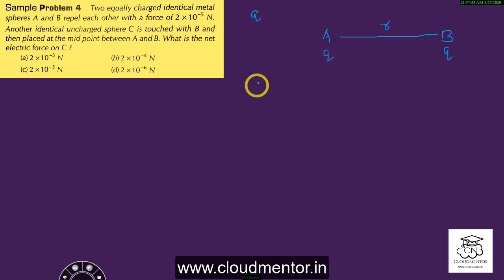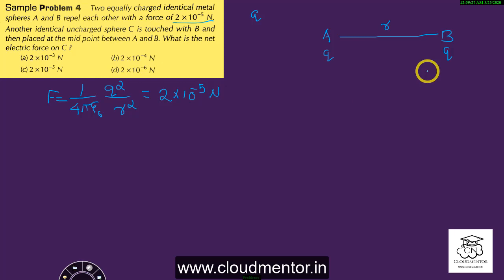According to the given problem, the force F will be equal to 1 by 4 pi epsilon 0, q square divided by r square, and that force is given as 2 into 10 raised to minus 5 Newton.